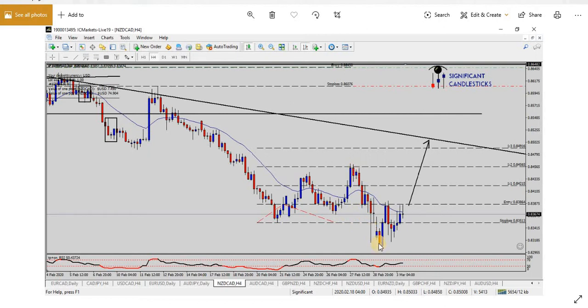So if we start from here, we have a higher high, which is basically the market getting rejected out of this zone right there. The last swing low right there acted as resistance.